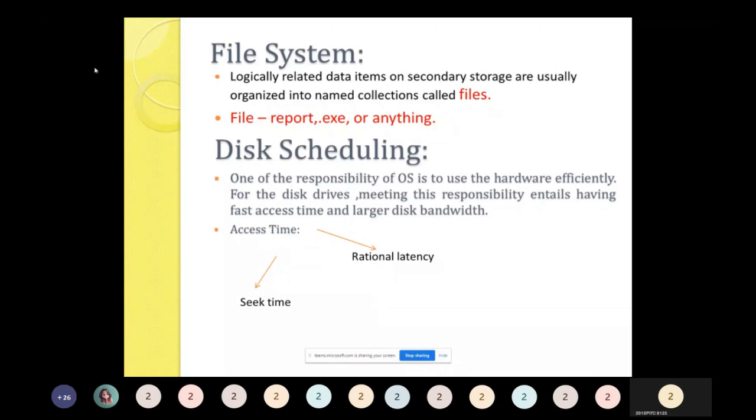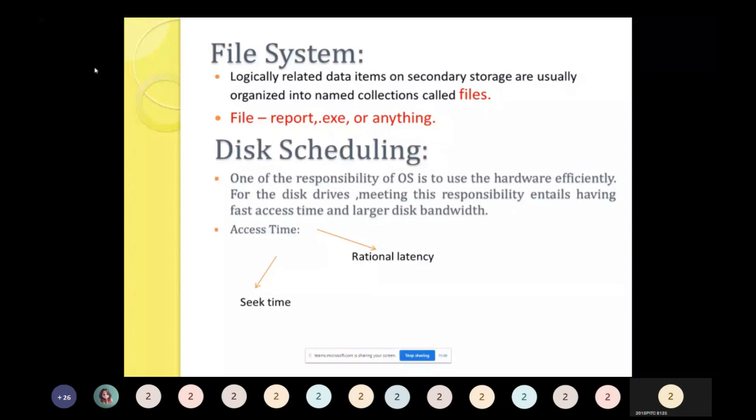Whatever files we access from the secondary storage, it may roughly take several minutes to access and several minutes to write. To avoid all this, the OS introduces the topic of disk scheduling algorithms, all of which are for using the hardware efficiently.